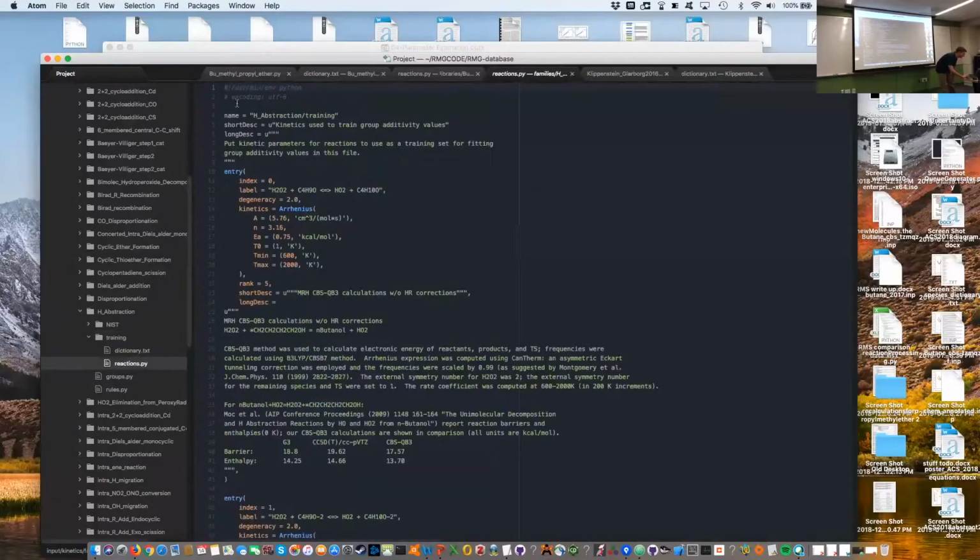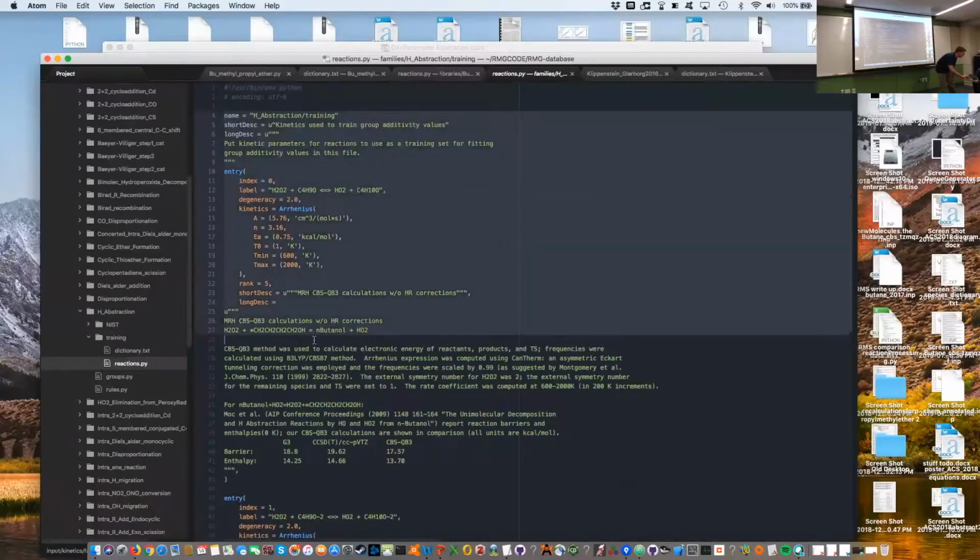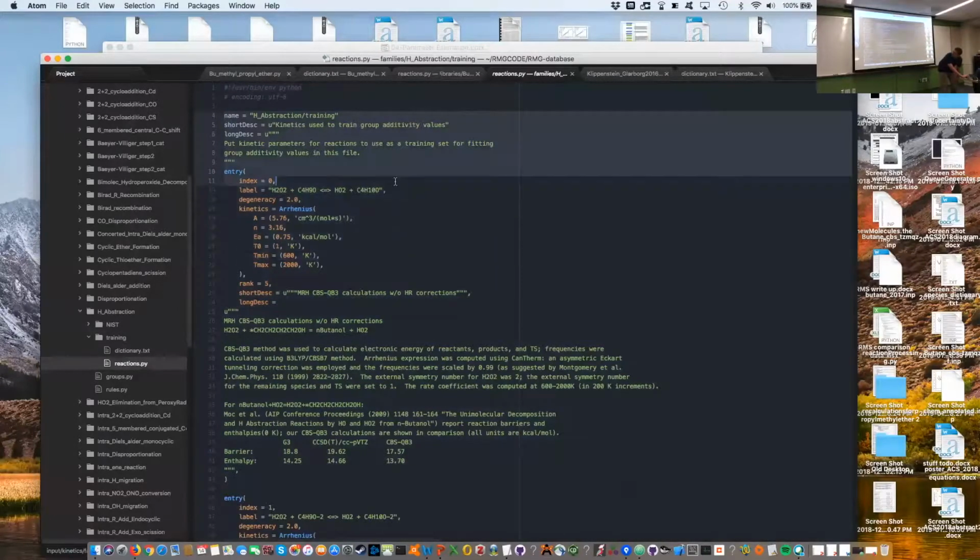But here's our training. So here's the training depository for H abstraction. Here you can see that we have this reaction. We have its degeneracy, which is very important to calculate, because the degeneracy of the reaction you're estimating may not be the same as the degeneracy of the reaction that was used.